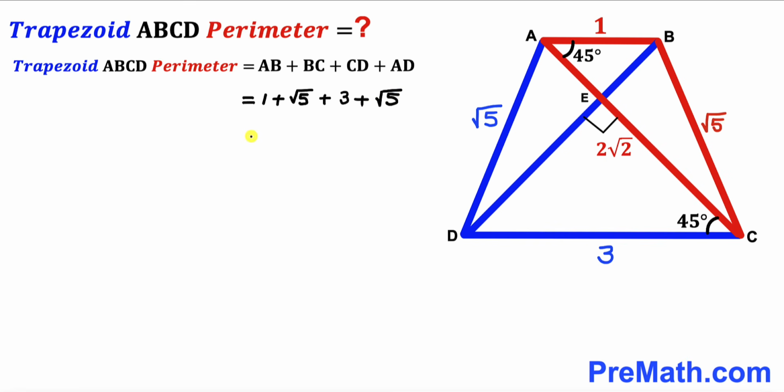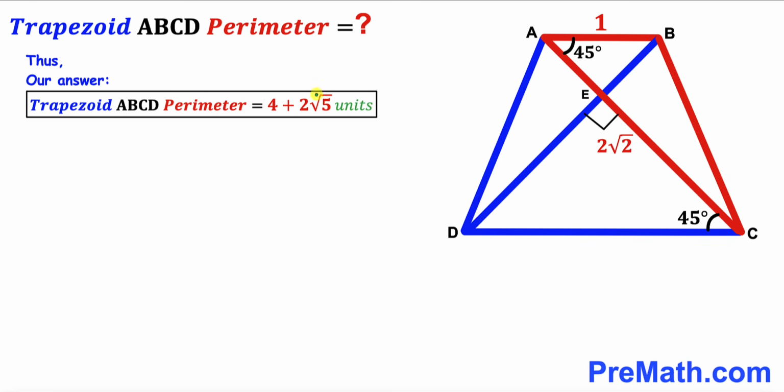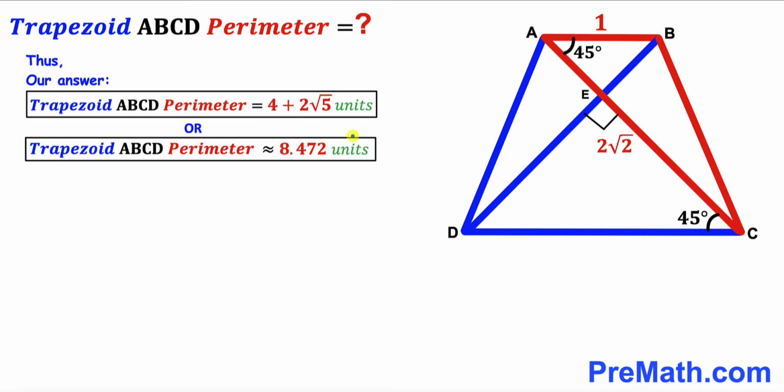And if we add, that is going to give us 4 plus 2 times square root of 5 units, the perimeter of this trapezoid. So thus the perimeter of this trapezoid turns out to be 4 plus 2 times square root of 5 units. And that's going to be approximately equal to 8.472 units as well.